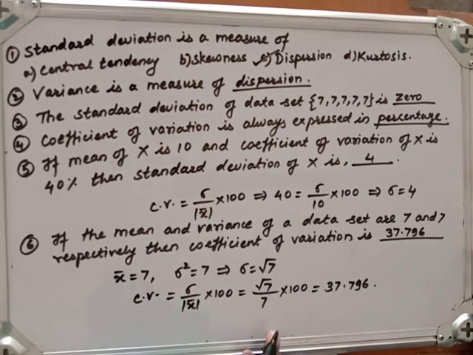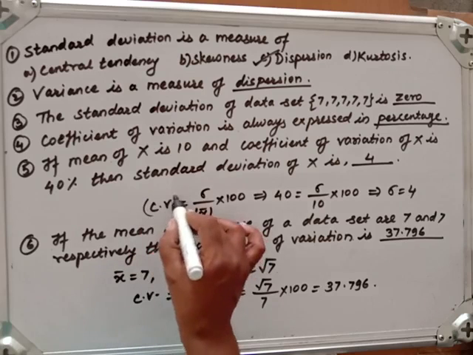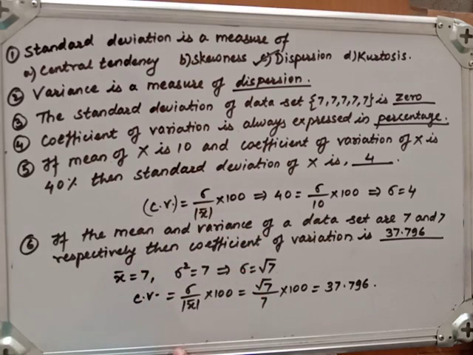So this is about this chapter, measures of dispersion. In this one we have seen the definition of dispersion. Later on we saw the quartiles, then after quartile deviation, the variance, standard deviation, and at last the very important thing, to compare two different things, we calculated the coefficient of variation.